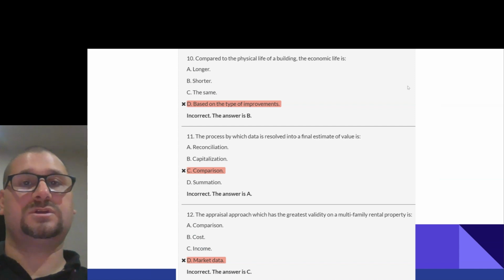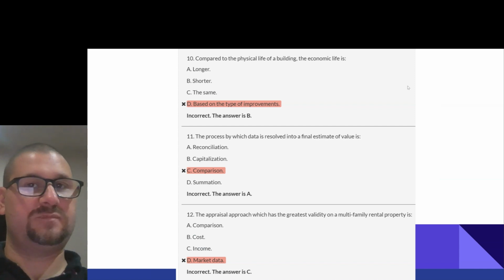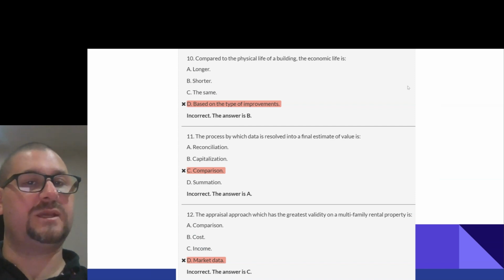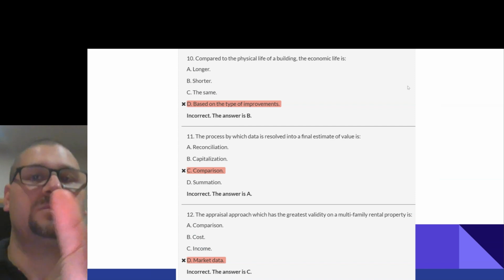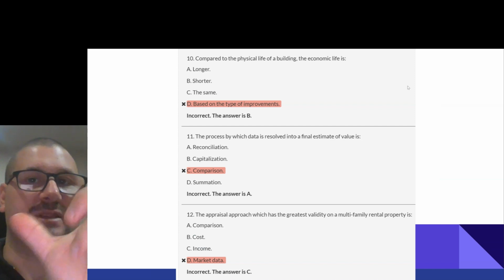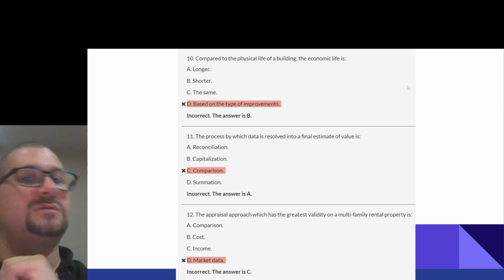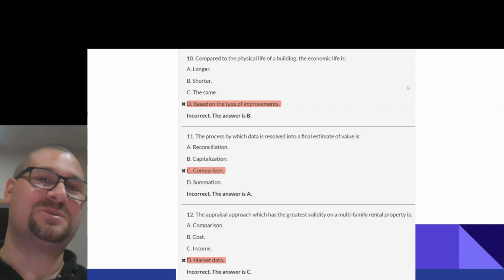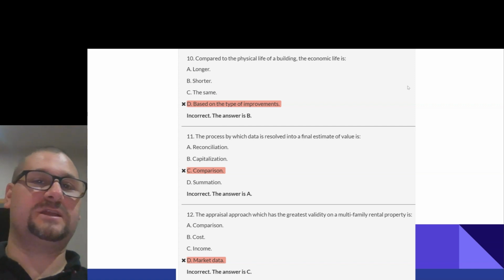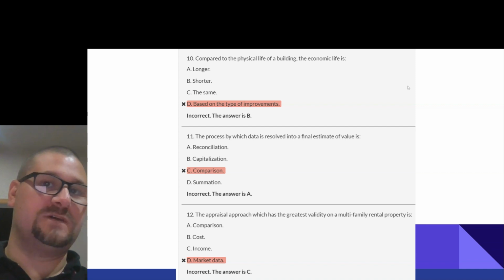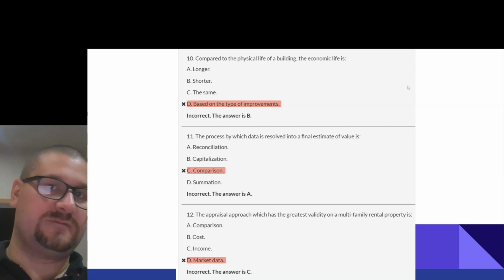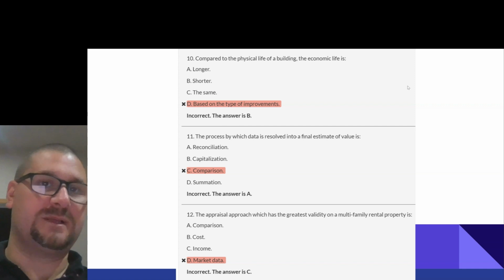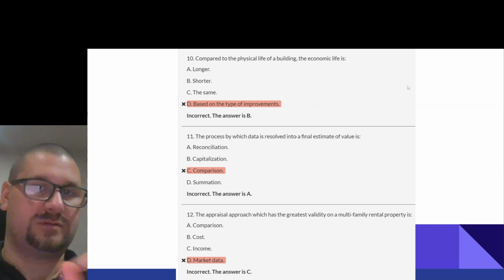No. So there's your physical building, and the economic life of a building is shorter. Again, compared to the physical life of a building, the economic life is shorter.